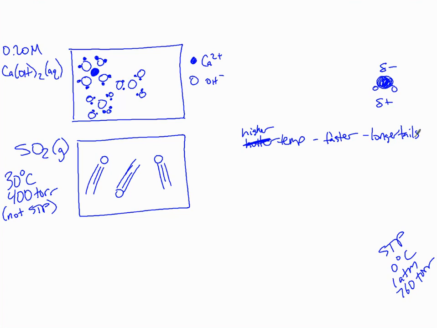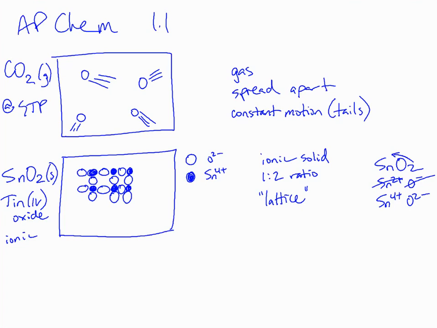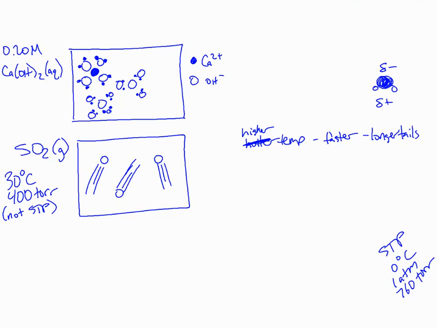And then we'll talk about pressure. At STP, we're talking about 760 torr. This has about half as much pressure as STP, approximately. So if you look back at CO2, there were 4 of them. Here, I only drew 3 of them. Fewer molecules would mean lower pressure.